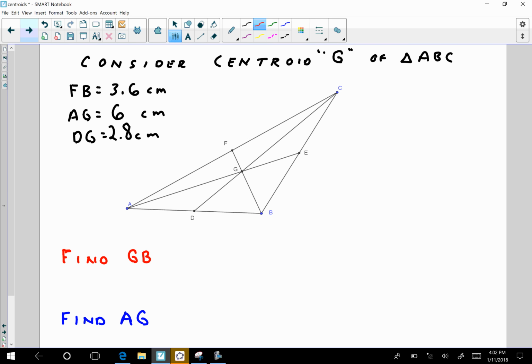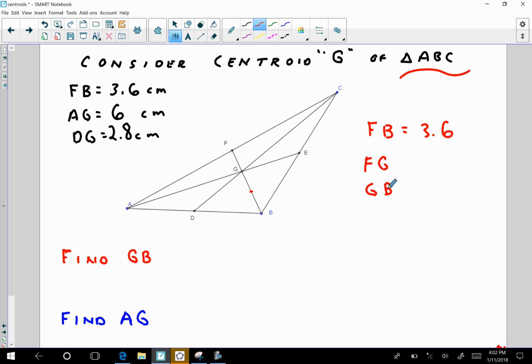Here is another picture of a different arbitrary triangle ABC, and I have the fact that FB is 3.6. From my previous discussion, I can divide that into thirds and find all of these other distances. I can find FG and GB.